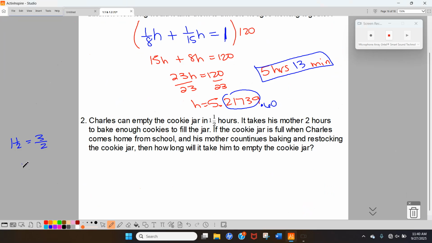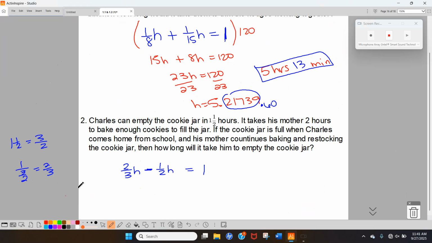So if I try to do his rate 1 over 3/2, that ends up being 2/3. So if he can eat the jar in 1.5 hours, then he's eating like 2/3 of the jar an hour. All right, so that's what he's trying to do. His goal is to eat one whole cookie jar. His mom is working against him, so we're going to subtract. And if she can fill it in 2 hours, then she's doing half of the jar in an hour.